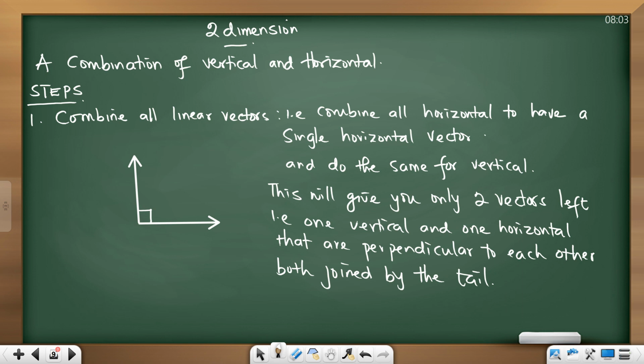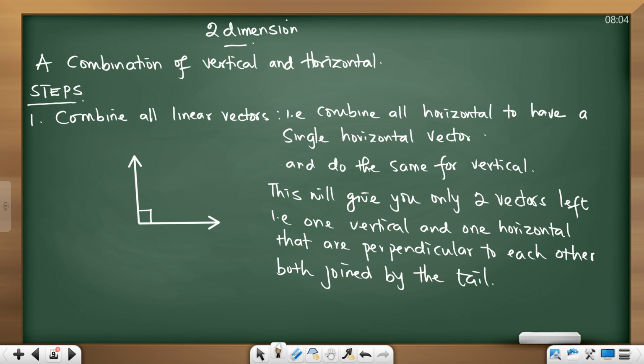Now, grade 11 part. We said you're going to have 2 dimensions, hence the topic vectors in 2 dimensions. When we say 2 dimensions, we talk about the y and the x. That's why it's 2: y and x. 2 dimensions, 2 axes. Number 1, combine all linear vectors. That is, all the y's combine and have 1.